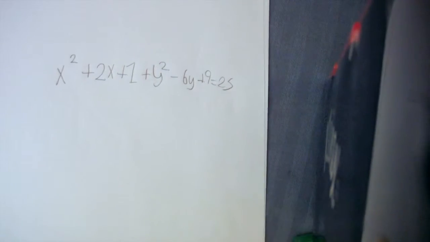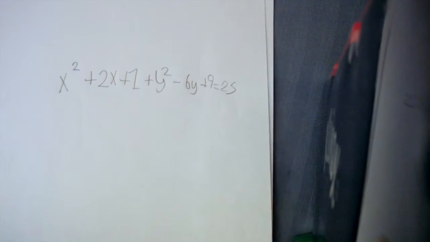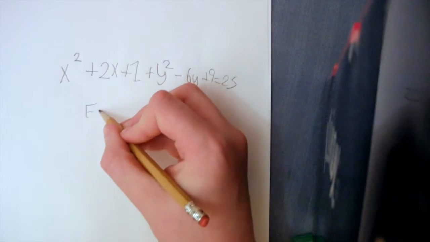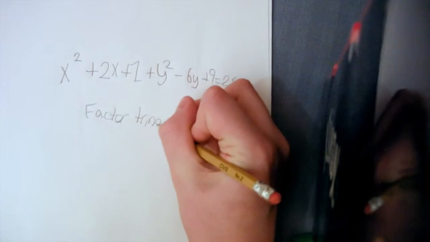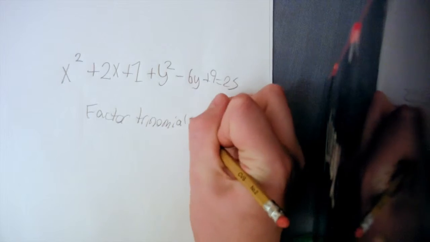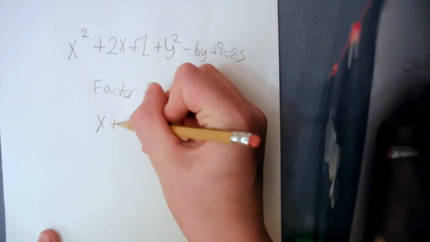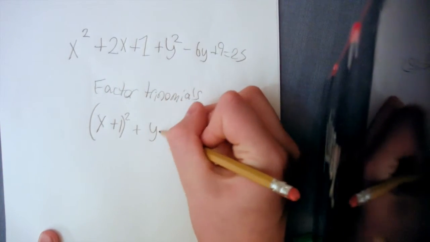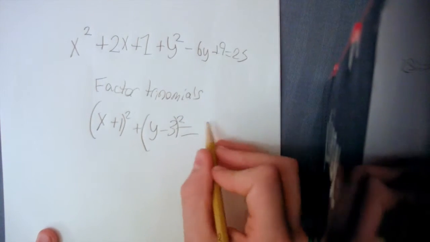So that's the unfactored form of a circle's equation. So to factor it, which I hope you've done before, you just factor the trinomials. So this factors to x plus 1 squared plus y minus 3 squared, and the square root of 25 is 5.